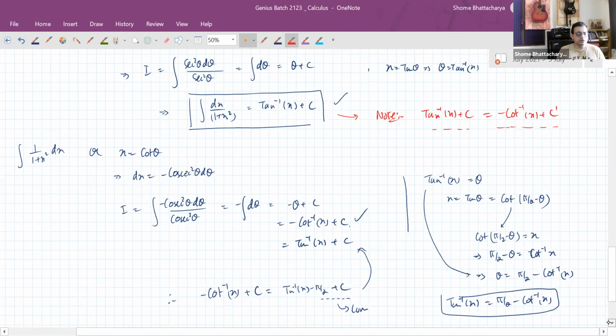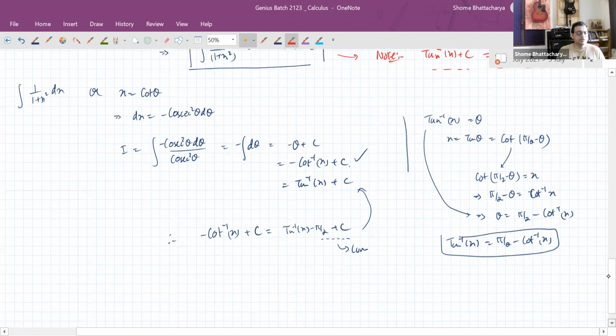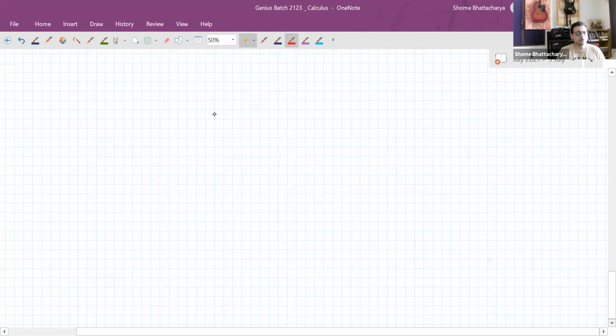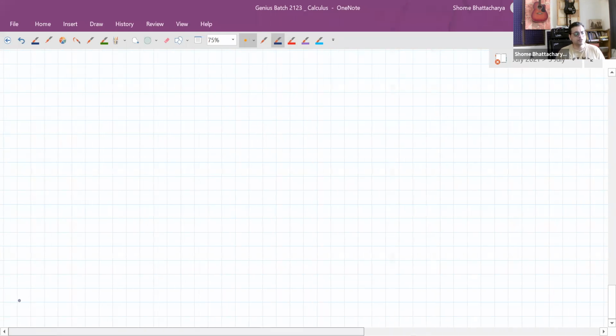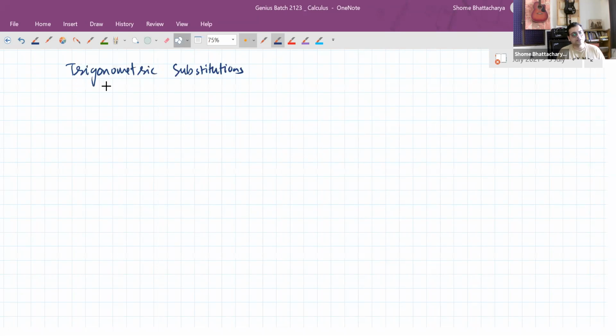Okay. Anyhow, the whole point is that we can make use of this kind of substitution for doing a whole range of integrations, not just this specific one. So the first one we'll see is trigonometric substitutions. Trigonometric substitutions are done on the basis of identities.